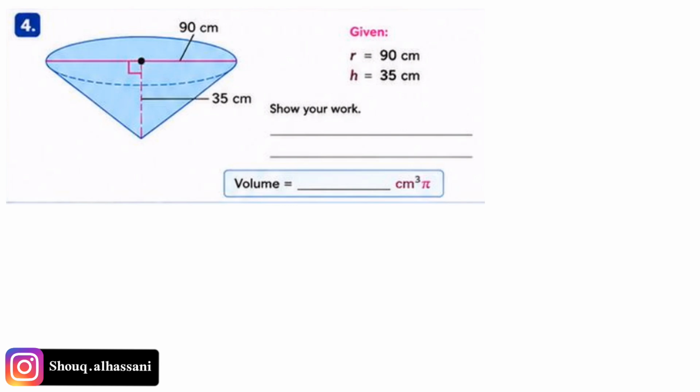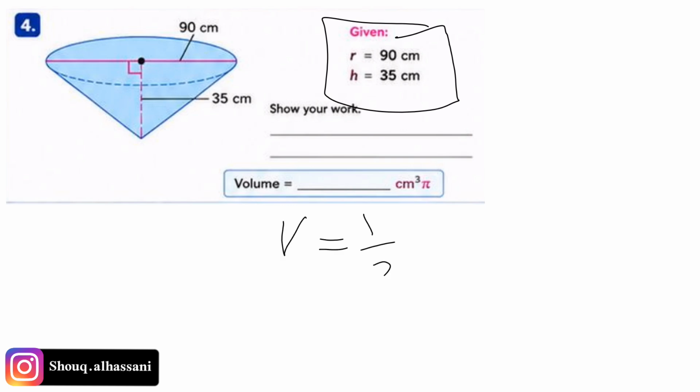So now we have the radius equal to 90 centimeters and the height is 35 centimeters. So we're going to do V equals 1/3 times 90 multiplied by 90 multiplied by 35.